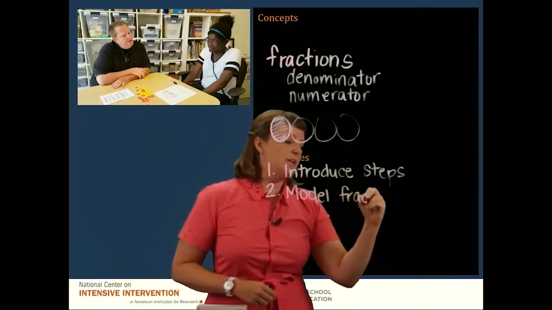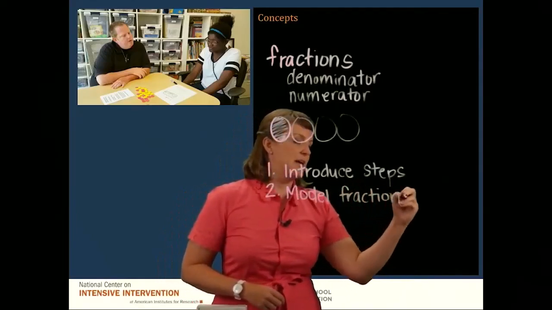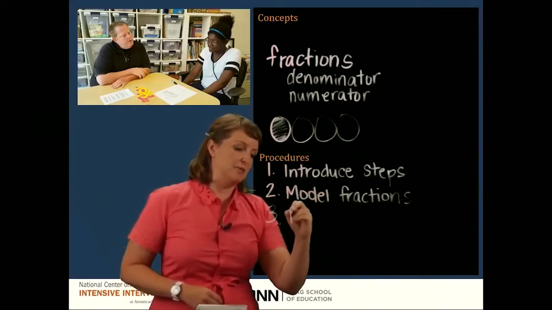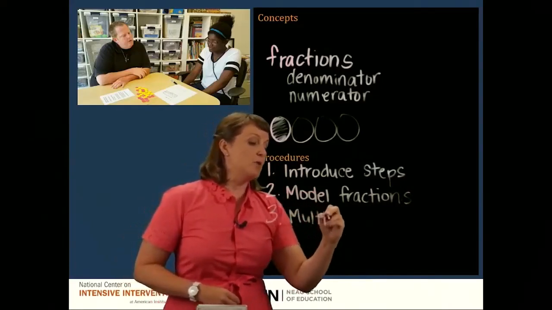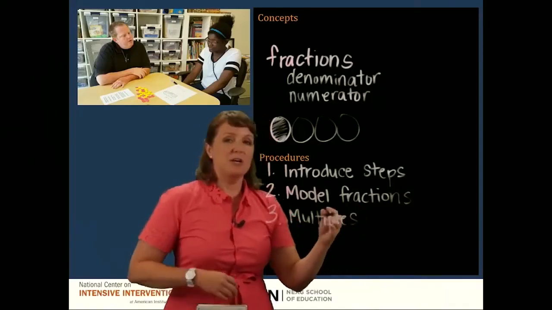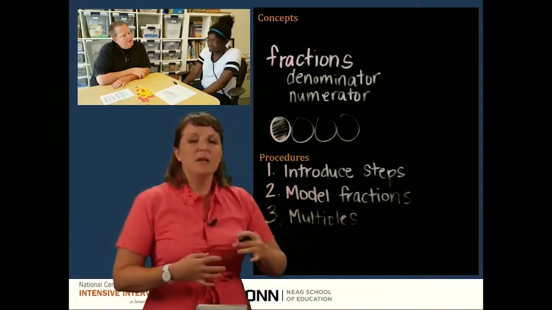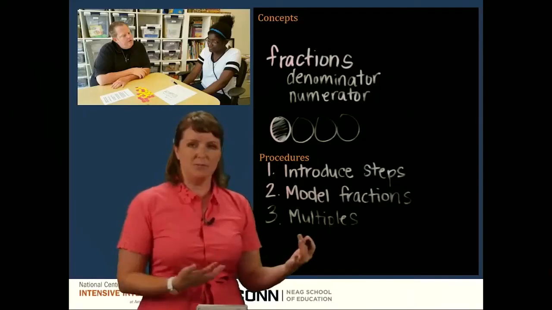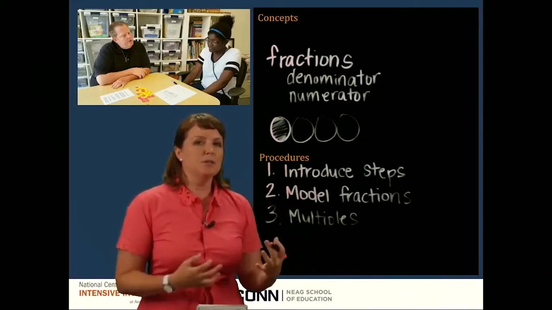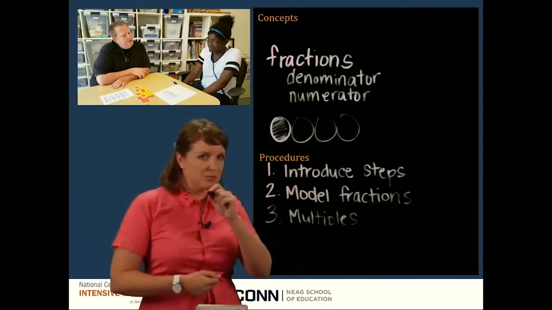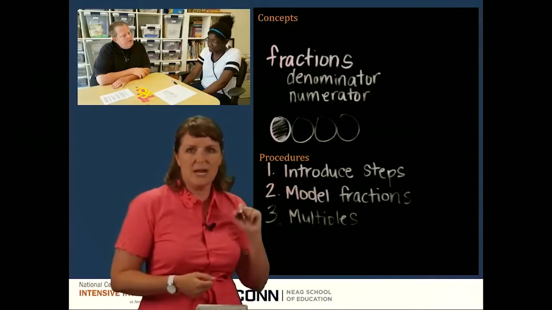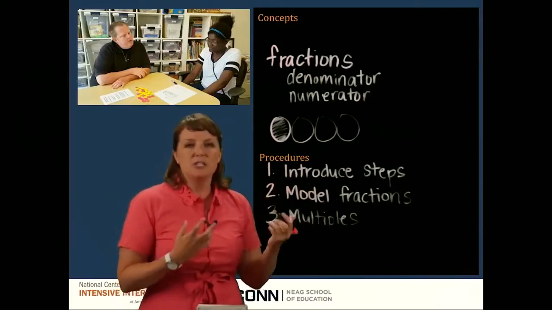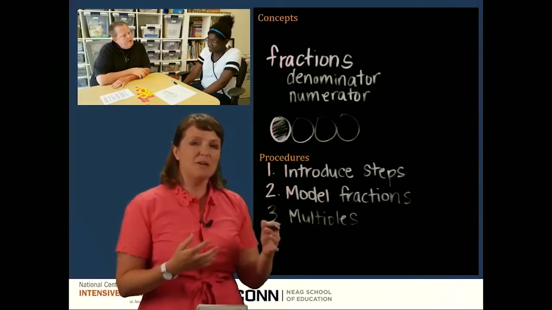And then after modeling the fractions, he and Natalia worked on listing the multiples. That goes all back to some of the stuff we've talked about in previous modules in terms of fluency with your multiplication facts. She had a really strong fluency with her multiplication facts, so it was super easy for her to list out the multiples. That's a procedure that she needed to have familiarity with.